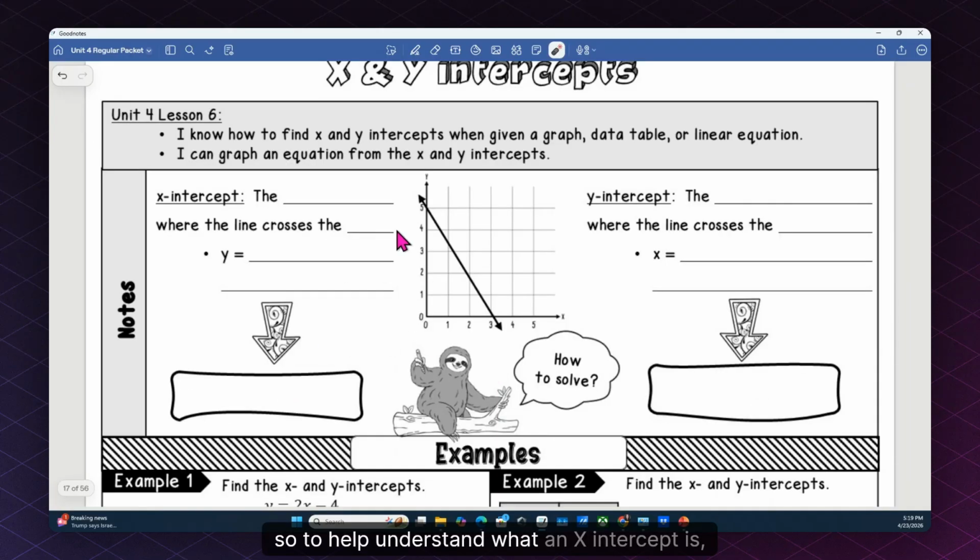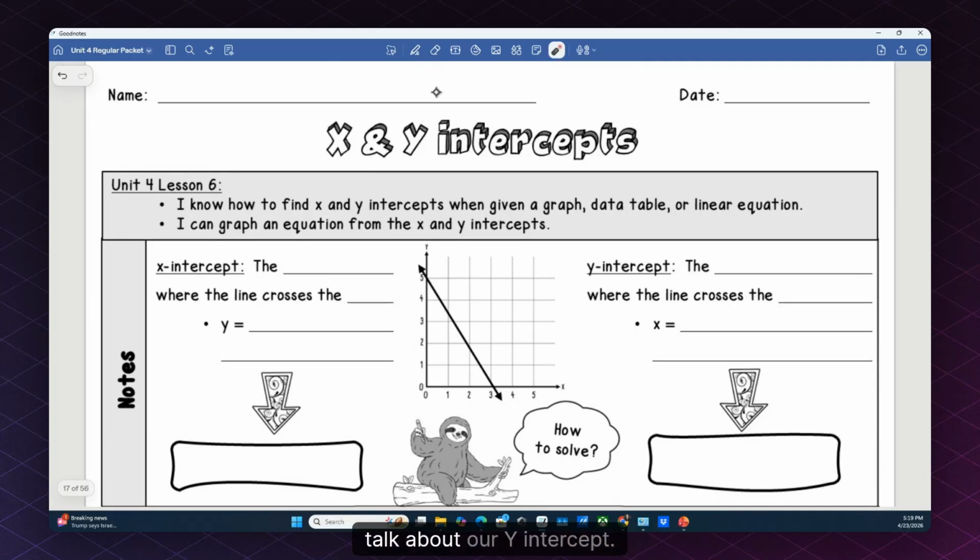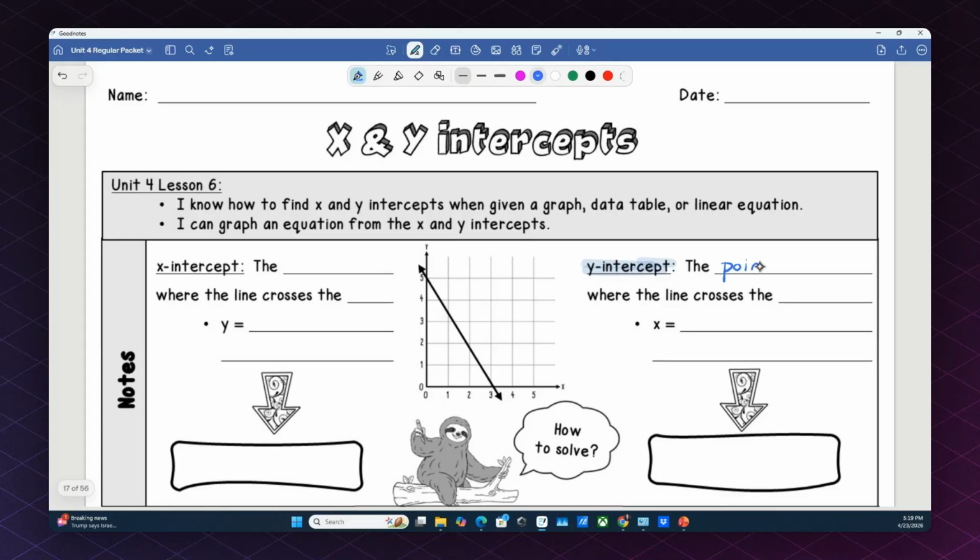To help understand what an x-intercept is, let's step back in time and talk about our y-intercept. You know about the y-intercept. That's where it crosses the y-axis. So your y-intercept is the point where the line crosses the y-axis.